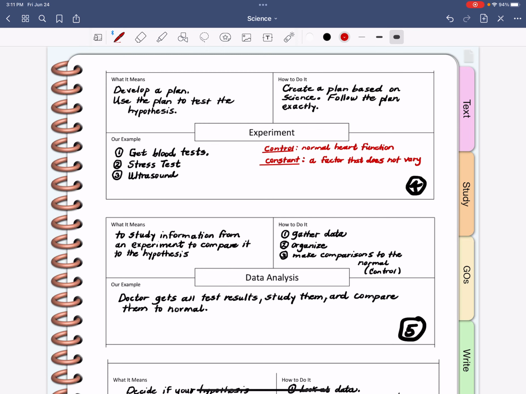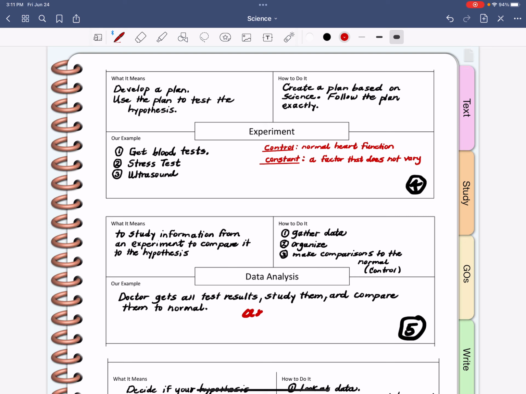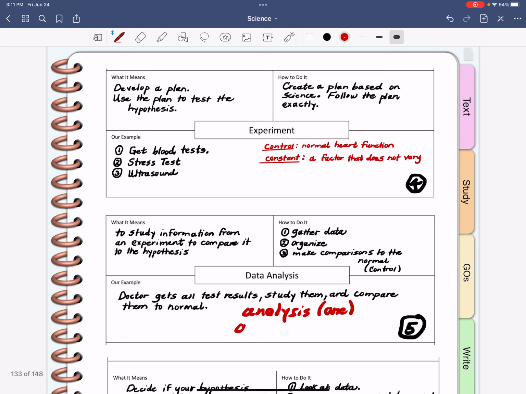And let me show you that analysis is singular. That's 1. And just like with hypothesis, we did that suffix, analyses is more than 1. So it follows that same spelling pattern as the word hypothesis and the word hypotheses.